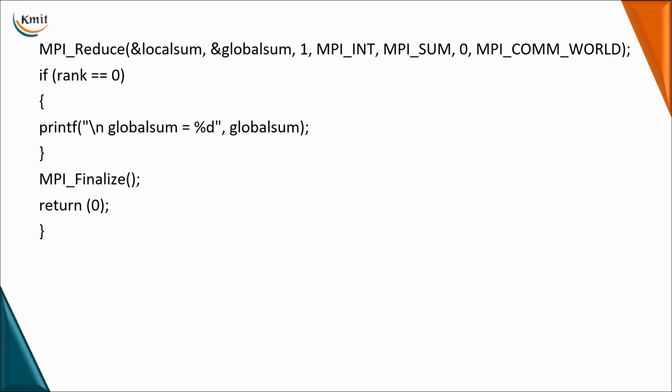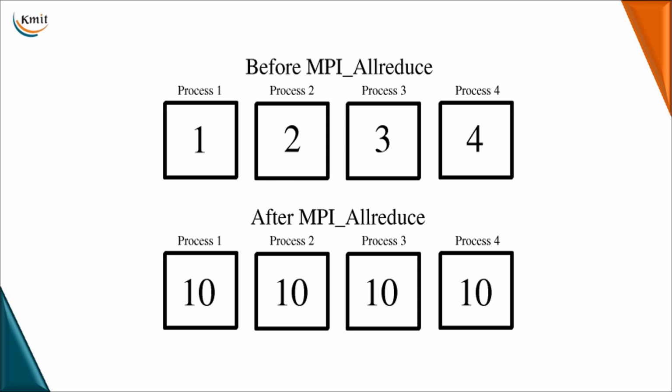And this is your sender data. This is your receive data. After you sum up all the values, it will be present in your global sum. And here what I am performing is MPI_SUM. Finally, that particular reduced value will be present in your first process. This is rank 0.